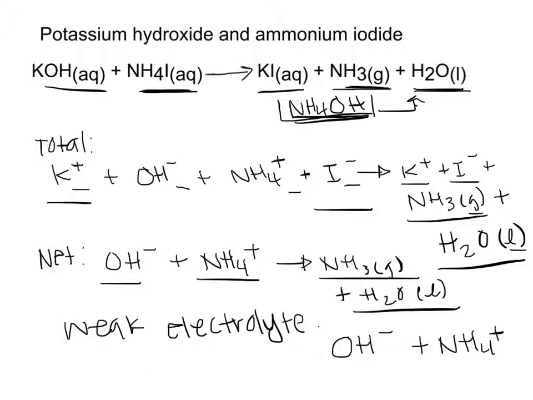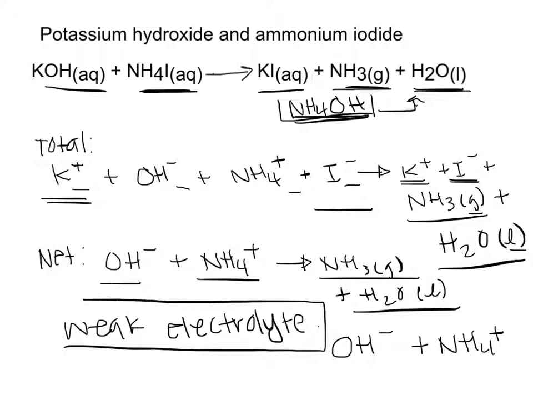Determine which are your spectator ions. In this case, we had potassium and iodide. And for your net ionic equation, eliminate those. And know how to determine whether it's a weak electrolyte or a strong electrolyte, and what are the ions that are found in solution, if any.